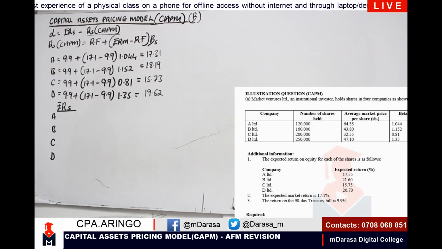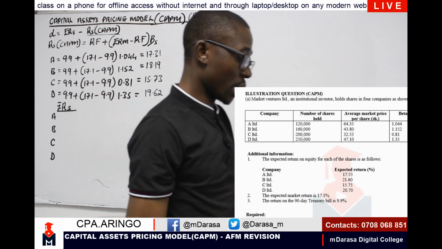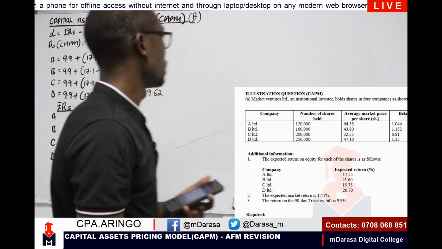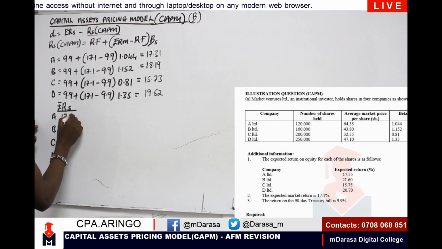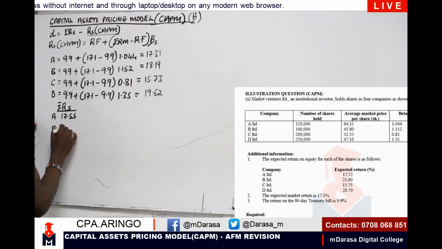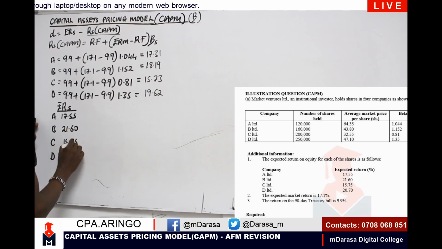Our expected return of these securities, according to our question, my good students, what was I given? Of course, look at note number 1, expected return: we had 17.55, 21.60, 15.75, and finally 20.70.